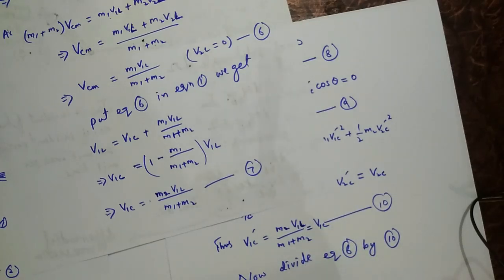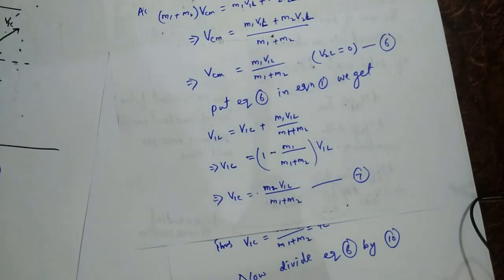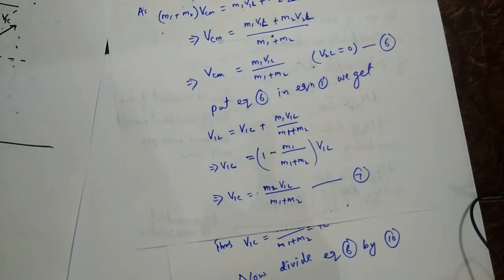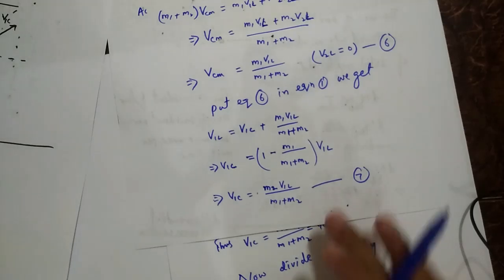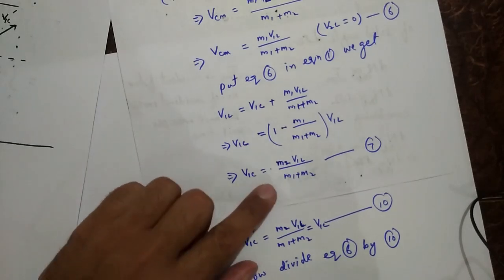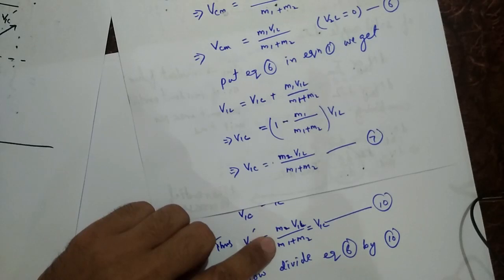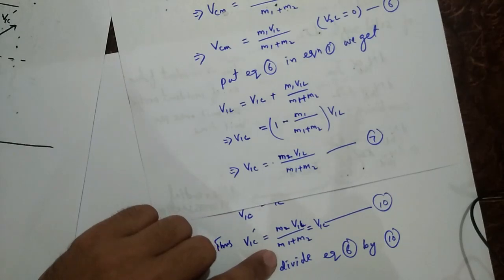So this will be equal to, which is here in equation number 6, VCM upon V1 dash C, which is equal to M2 V1L divided by M1 plus M2, whole divided by M2 V1L divided by M1 plus M2.